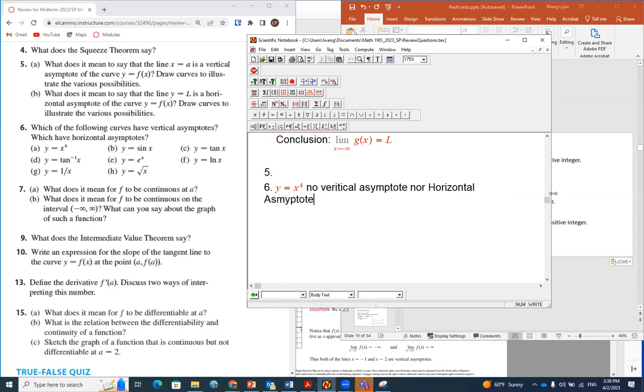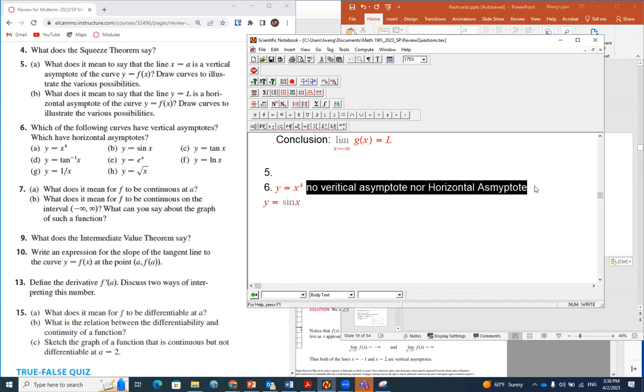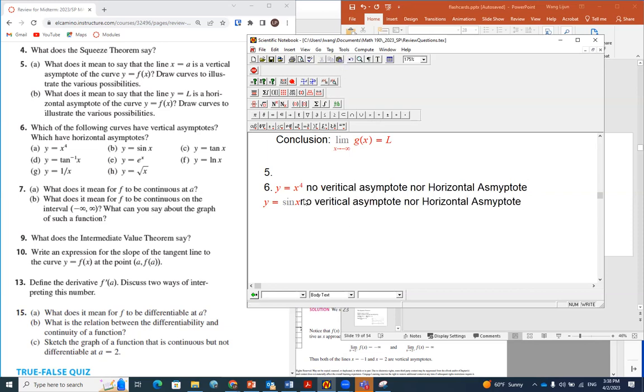Okay, has neither. Sine, y equals sine x, has no vertical nor horizontal asymptote. If you have a graphing calculator, you can use a graphing calculator to graph them, or you can use decimals if you don't have those tools.